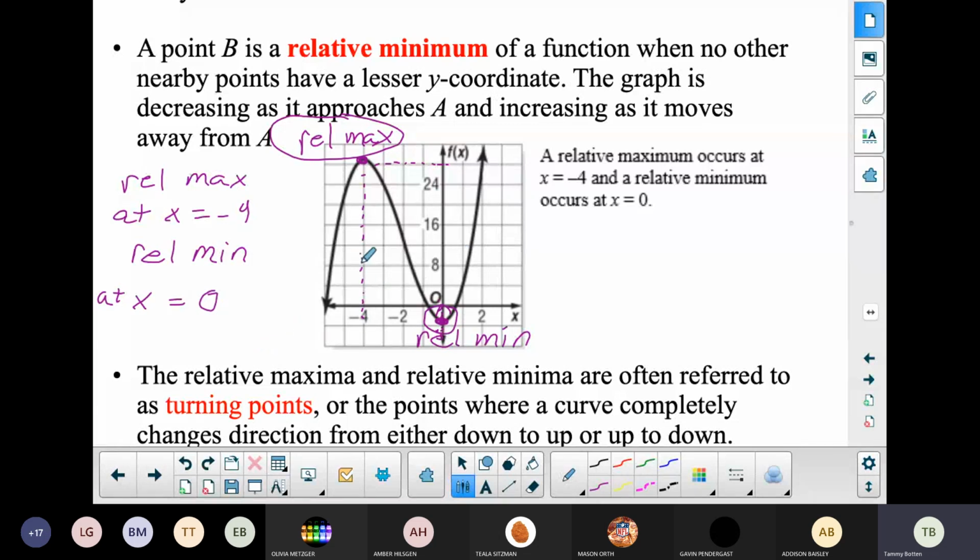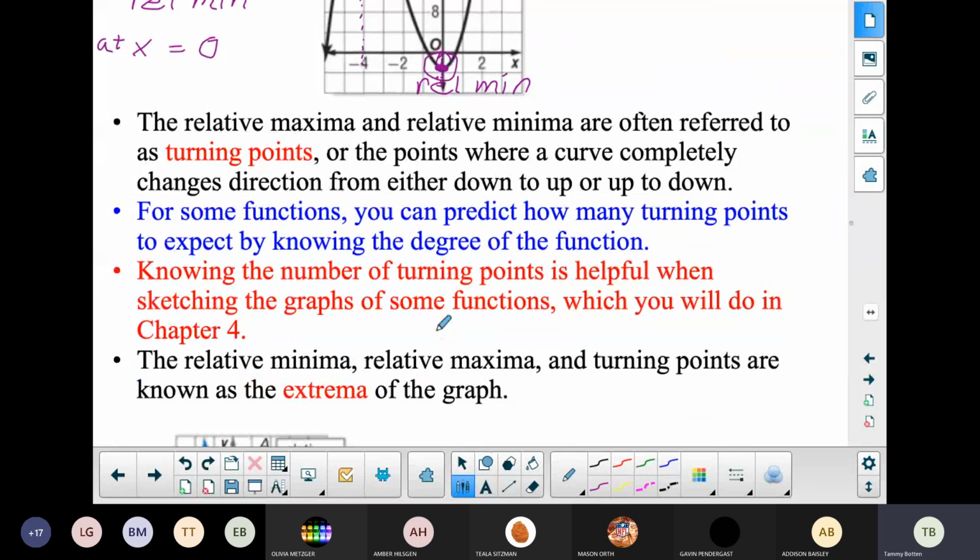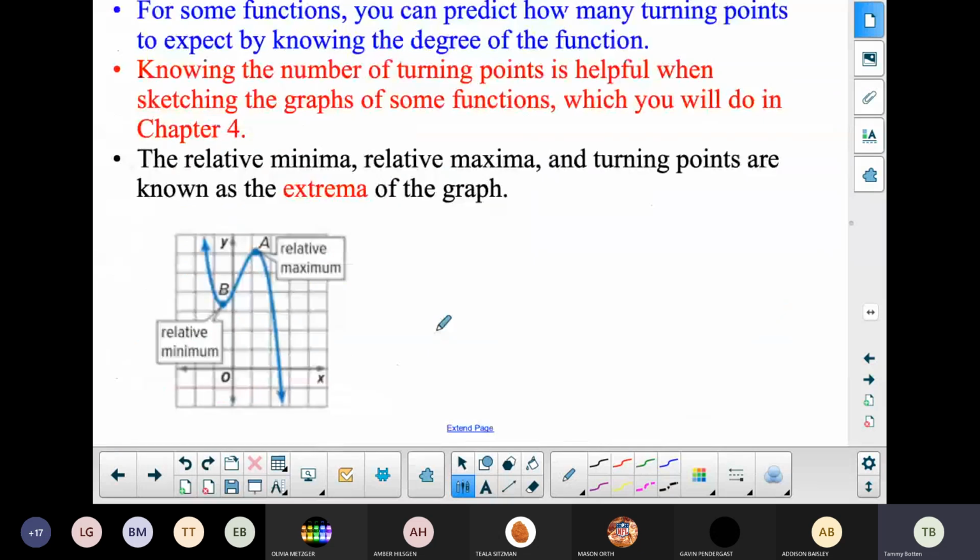Now, most of the time, most books, I should say, would set the problems up like this, where a relative max and a relative min are always on an actual x coordinate. But unfortunately, your book doesn't always do that, okay?